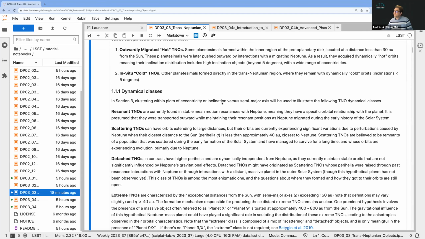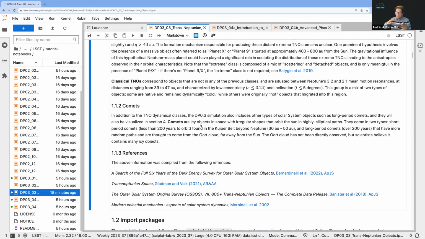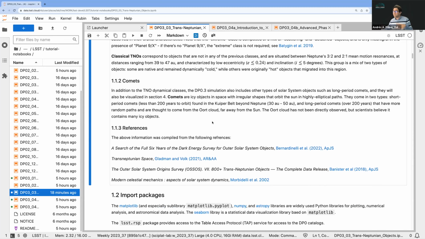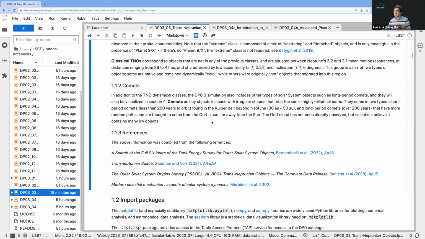So we're going to have these different classes whose properties we aim to study, such as orbital elements, or even, in LSST, the colors of these objects, and the different properties are going to tell us about different models of formation of the solar system.